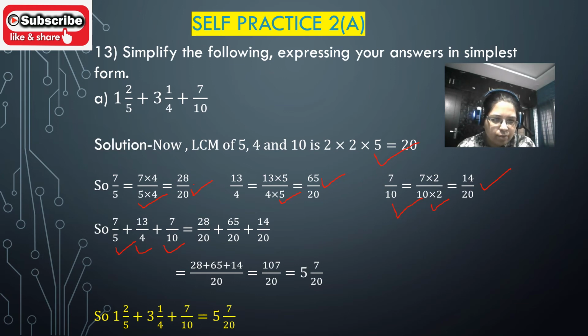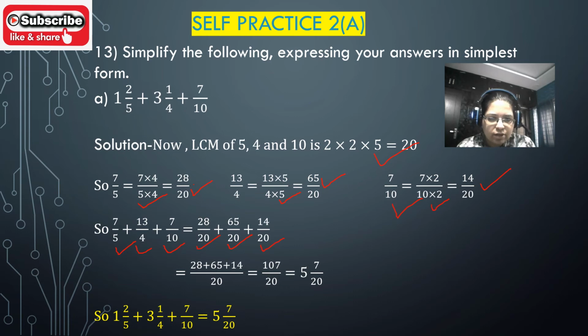So for 7/5 we write 28/20, and 13/4 is the equivalent fraction 65/20. So 13/4 equals 65/20, and 7/10 is 14/20.